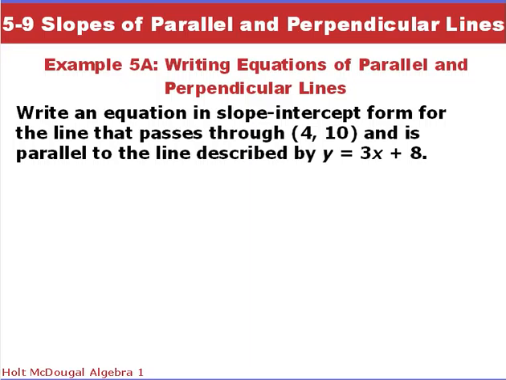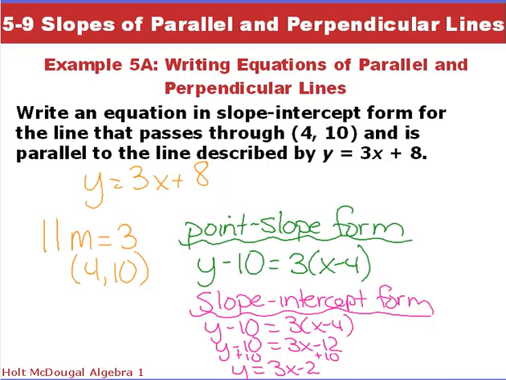Now we're going to write an equation in slope-intercept form for the line that passes through the point (4, 10) and is parallel to the line described by y equals 3x plus 8. So here's the line that we're starting with. We want to be parallel, which means our slopes have to be the same. So our parallel slope, and these two bars here imply parallel, our parallel slope is 3.